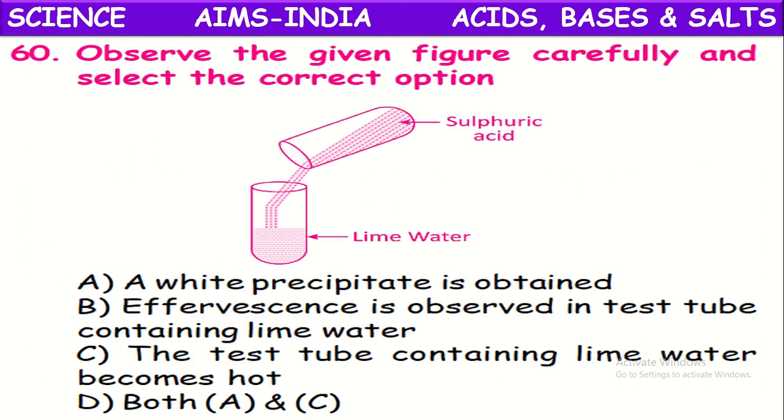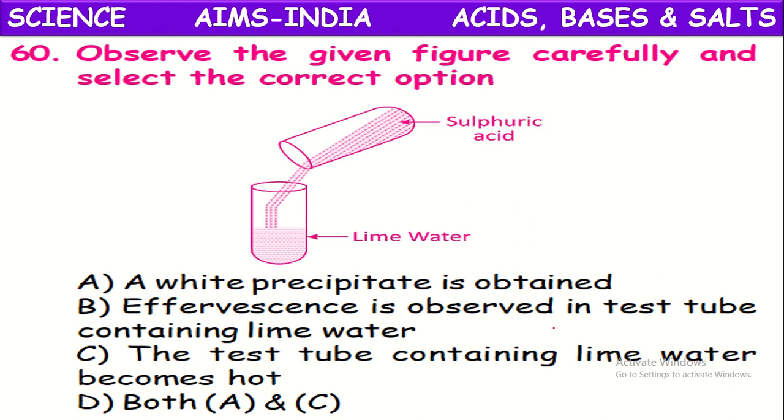Right, next one. Observe the given figure carefully and select the correct option. Lime water and sulphuric acid are mixed, and a white precipitate is formed. What happens when lime water and sulphuric acid are mixed? Lime water contains calcium hydroxide. The test tube containing lime water becomes hot.